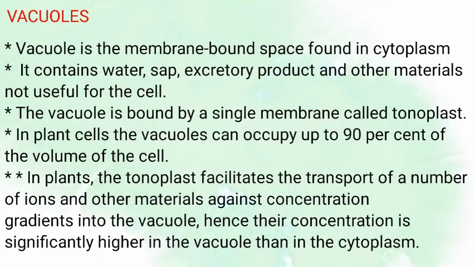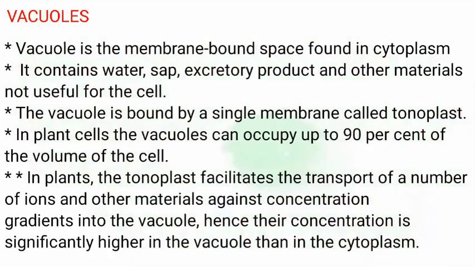In plant cells, the vacuoles can occupy up to 90% of the volume of the cell. In plants, the tonoplast facilitates the transport of a number of ions and other materials against concentration gradient into the vacuole. Hence, their concentration is significantly higher in the vacuole than in cytoplasm.